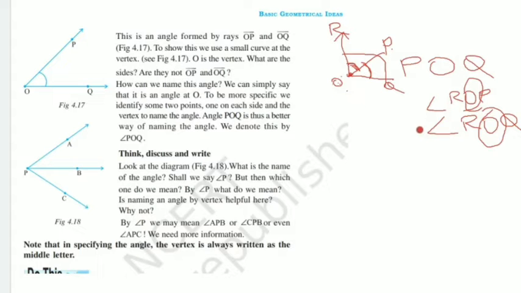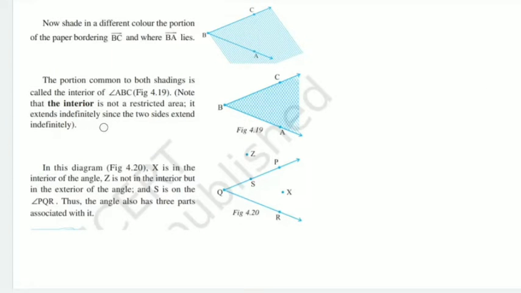Now we shall see about the interior parts of the angle. Interior part means the region included between these two rays. So the region included between A, B, C will be this portion, and it is not restricted, it cannot be definite. When you extend the rays, the region will also extend.